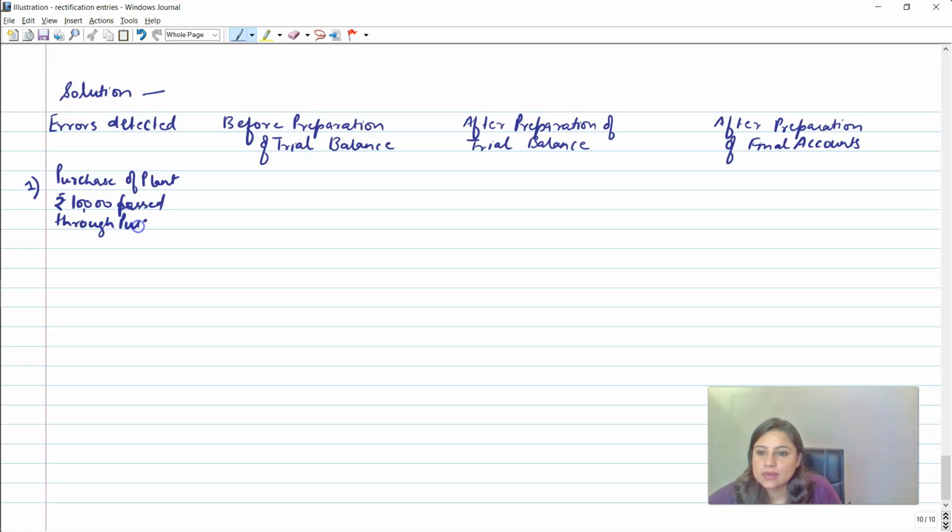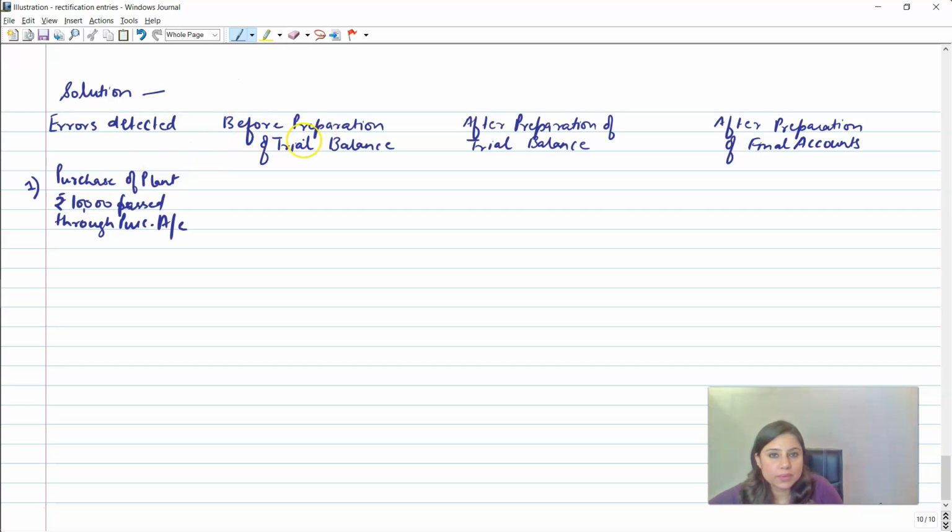As I said, the purchase account only records the goods and services that are being purchased in order to generate revenue for the business, or being sold in order to generate revenue for the business. So in such an account, we have wrongly debited the purchase of plant. Plant being the asset of the business has to be debited in the asset account.